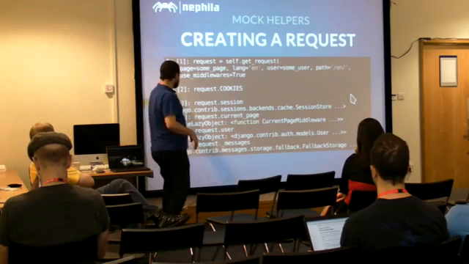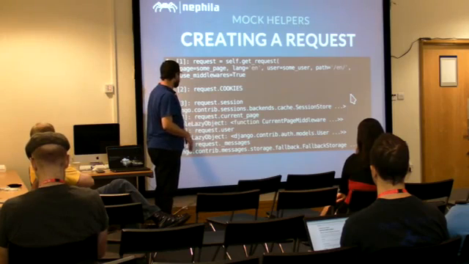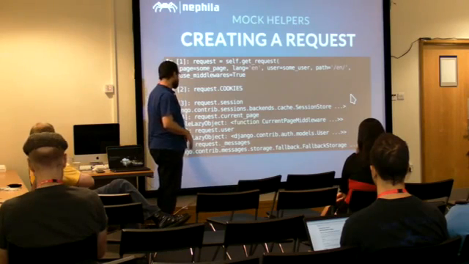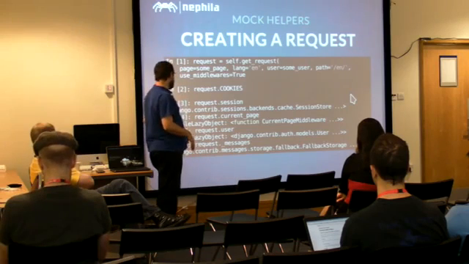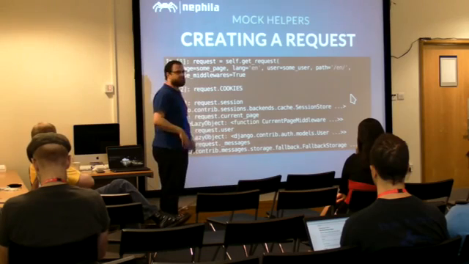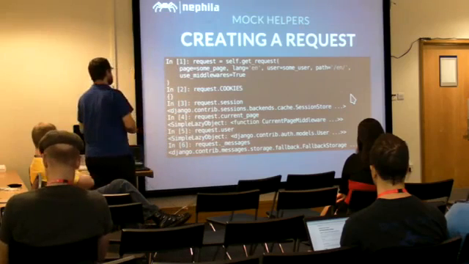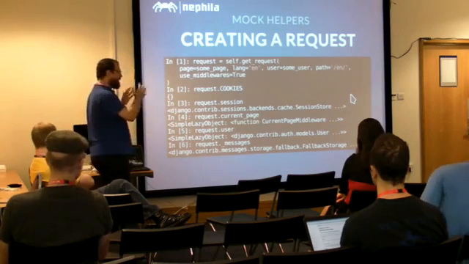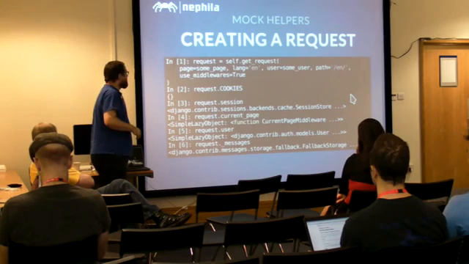And then the result is a perfect, normal request object with a session, with a current page, which is an attribute Django CMS adds. You have the user, you have the underscore messages, and whatever thing middleware adds to the request object, it will be in this fake request.